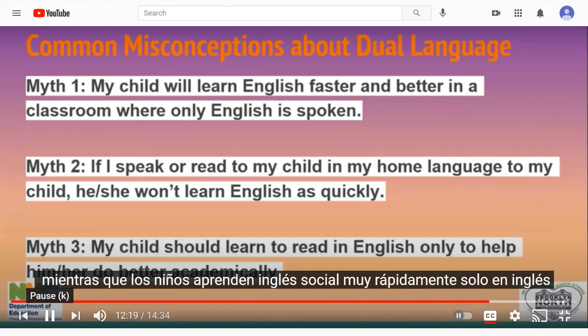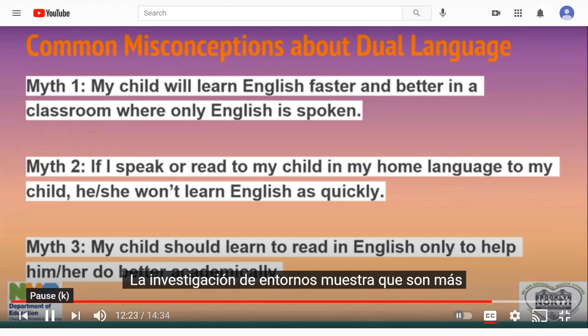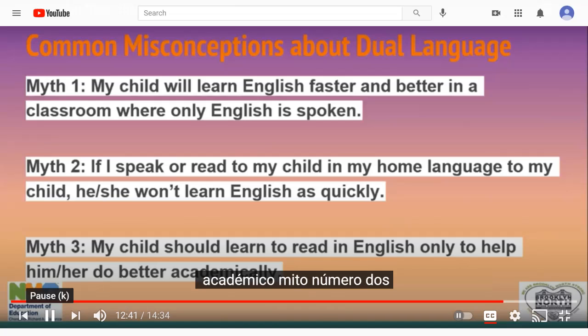While children do learn social English very quickly in English-only environments, research shows that they are more academically successful when they have the support of their native language in school. The more native language support students receive, the more likely they are to excel academically.